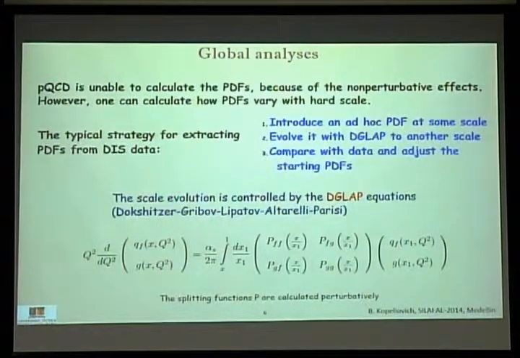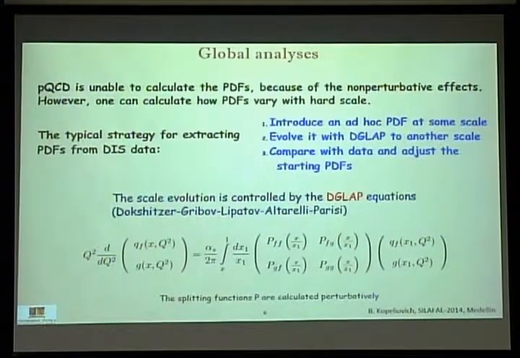And structure functions are usually fitted to data in a global analysis of data for deep inelastic scattering. And the typical strategy is like this. We cannot calculate the structure function, this for sure. And this is because of the unavoidable admixture of soft interactions, which we do not know.